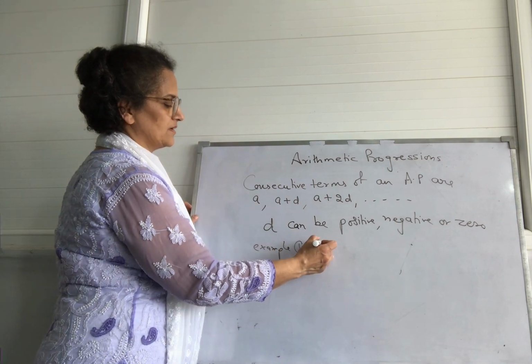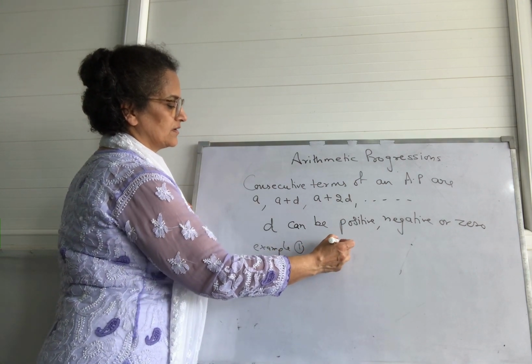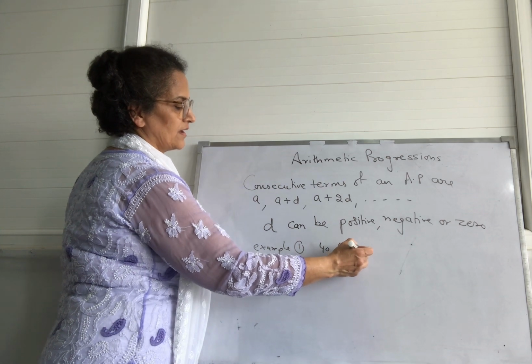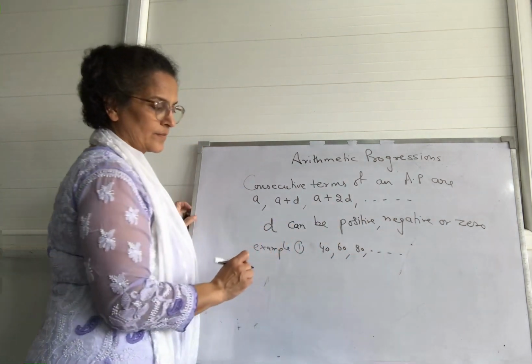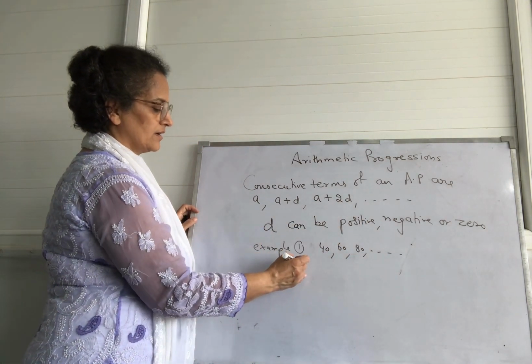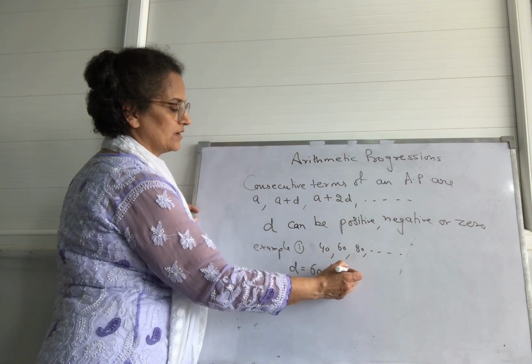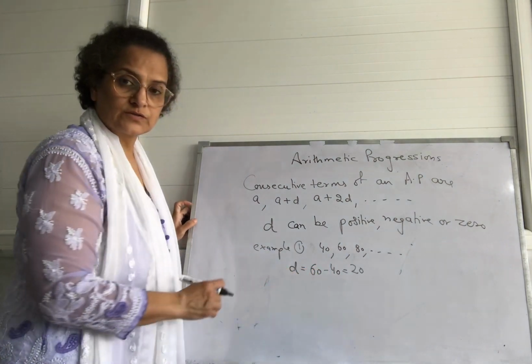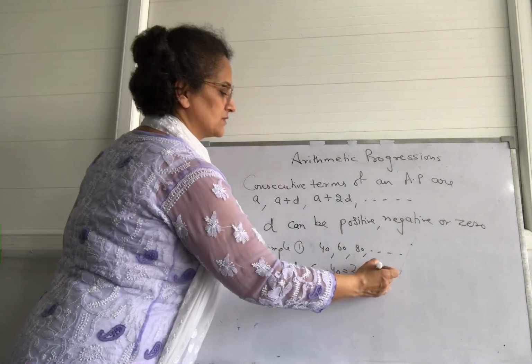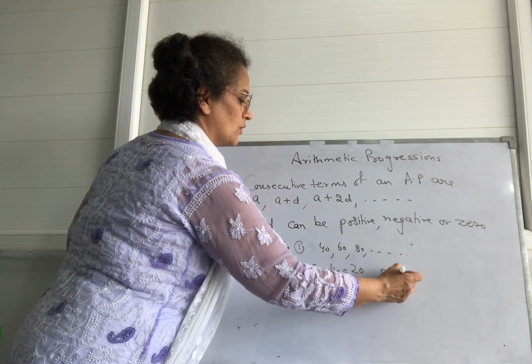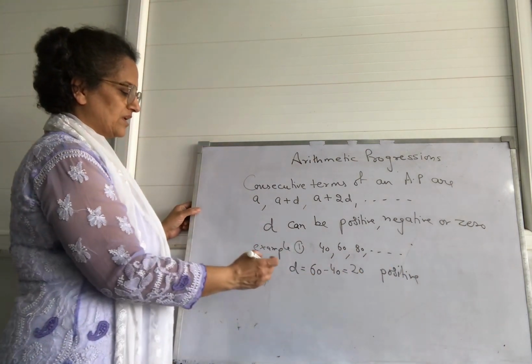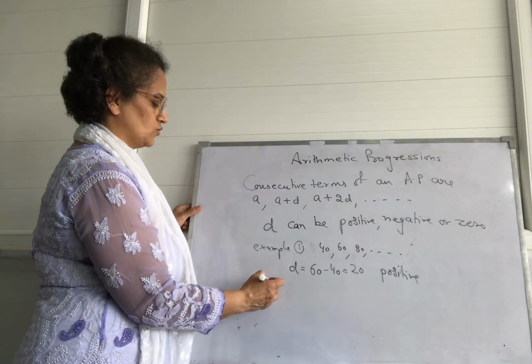If my AP is 40, 60, 80, and so on, what is my D? D is equal to 60 minus 40, that is 20. So D is positive.